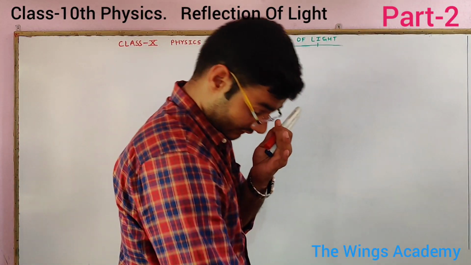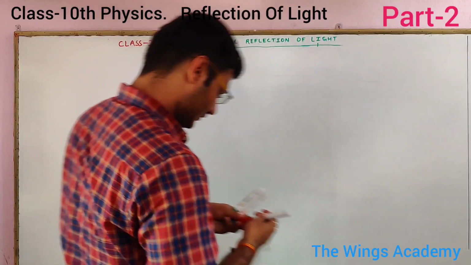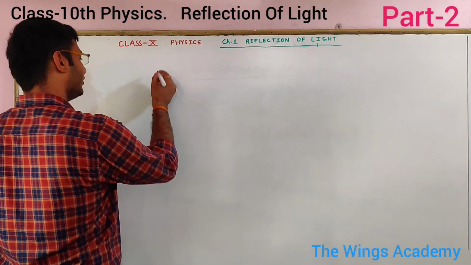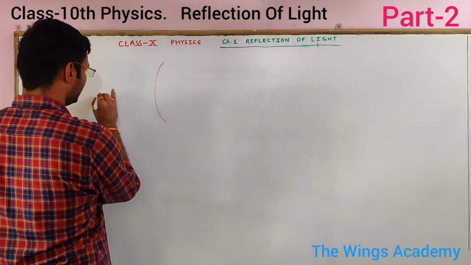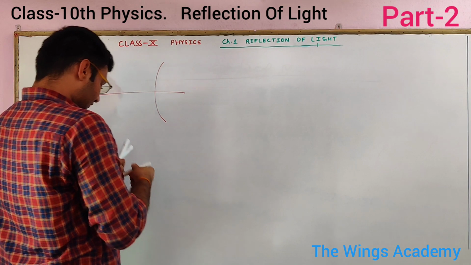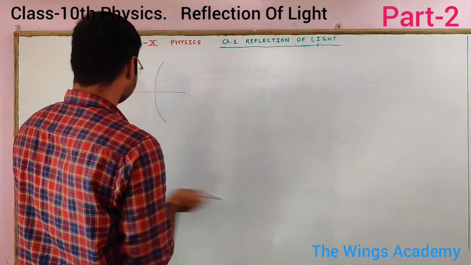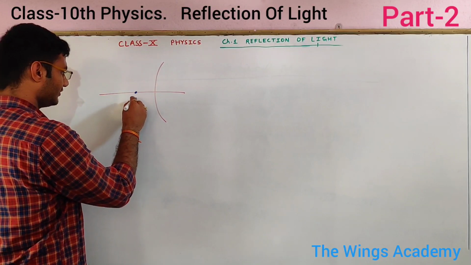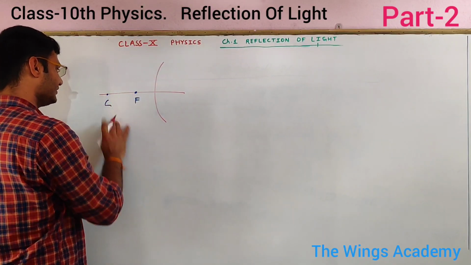One more ray which may be useful during image formation is this. This is the principal axis and this is the focus. This is the center of curvature.